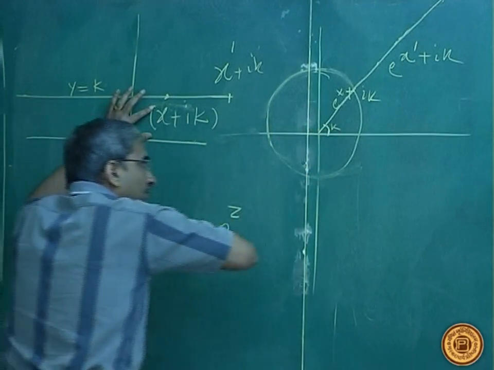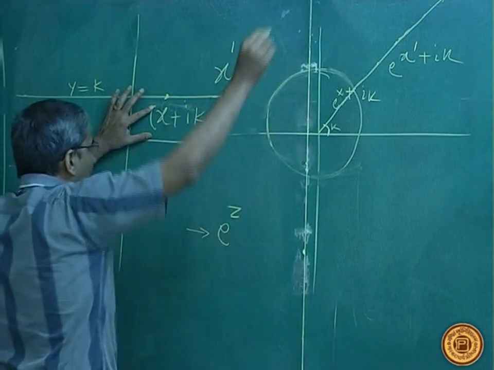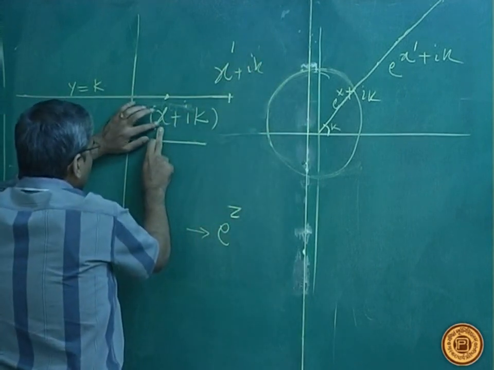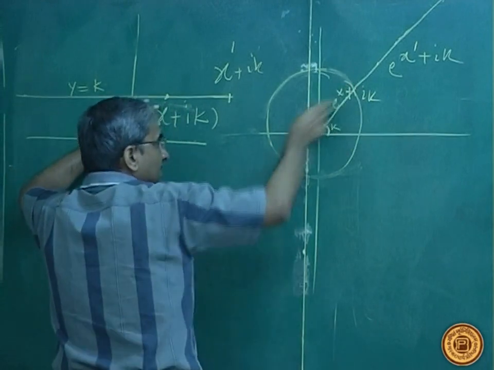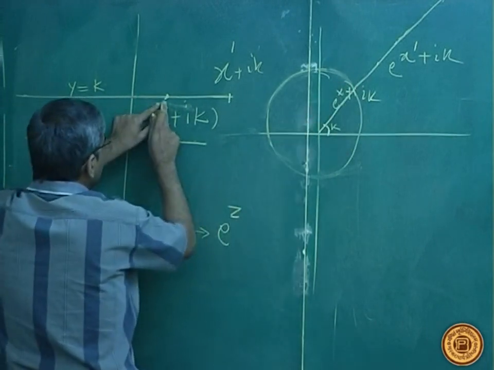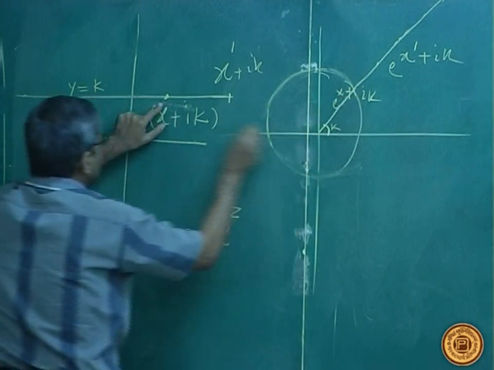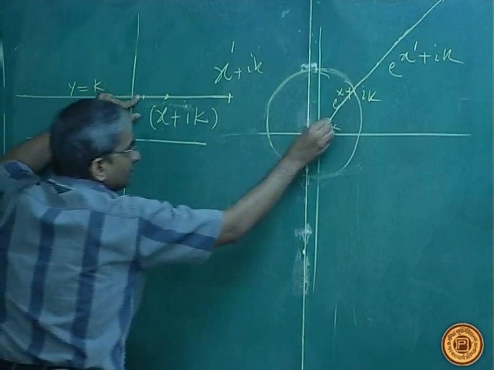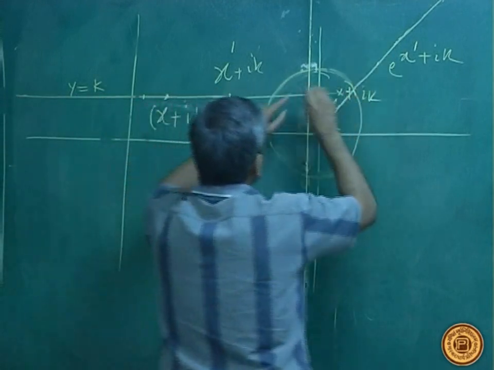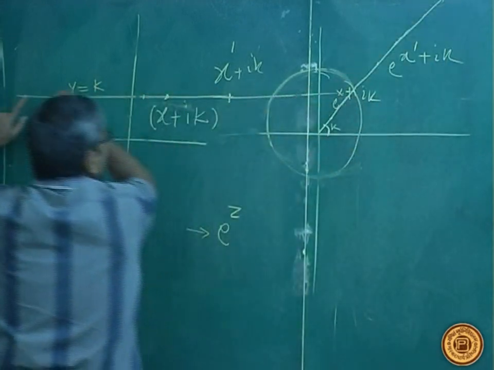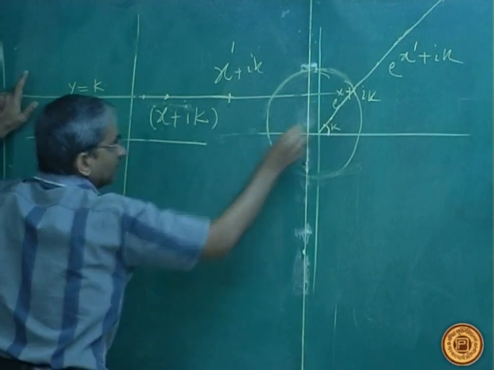You will keep getting points on that ray. As x moves, what changes? The absolute value changes. So this distance from the origin changes. If this is your x, you will get a point like this. If you go here, you will get points like this. If you go this side, you will get points near this.